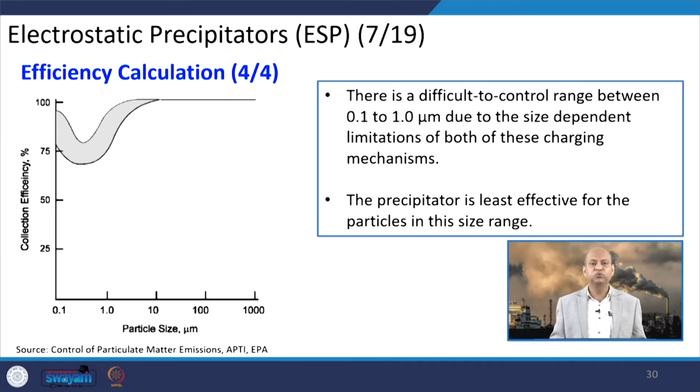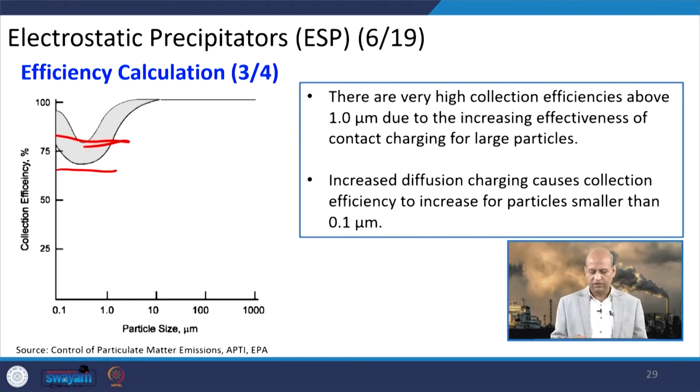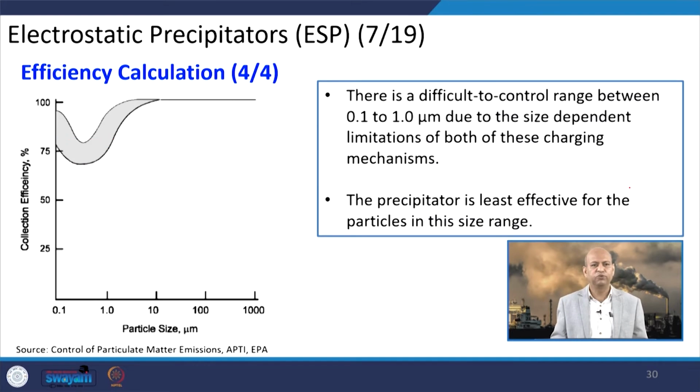There is a difficult-to-control range between 0.1 and 1 micrometer due to size-dependent limitations. Precipitators are least effective for this size range, but a little improvement can be there depending on the diffusion charging phenomenon.